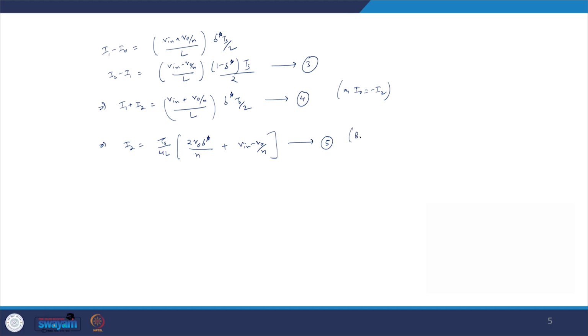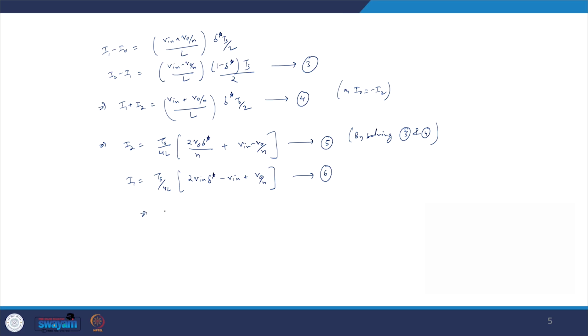This is done by solving 3 and 4. Now if we have this I2 value, we can then get I1 value to be equal to Ts/4L times [2Vin δ* minus Vin plus Vo/n]. That we can then define as equation number 6.